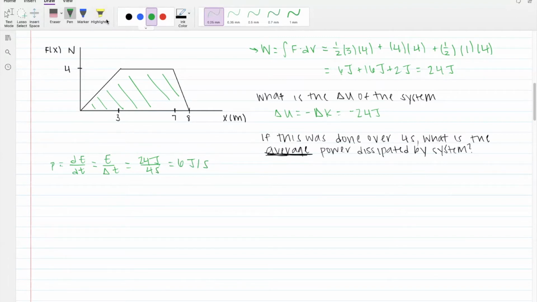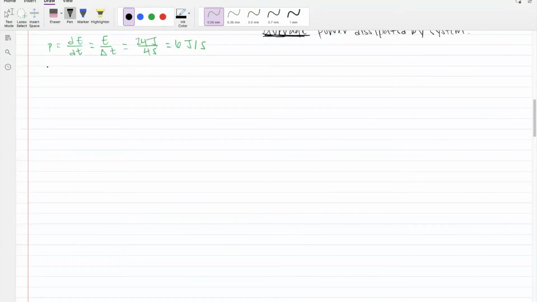So this is going to segue to the next topic I want to cover, which is simplifying differentials.